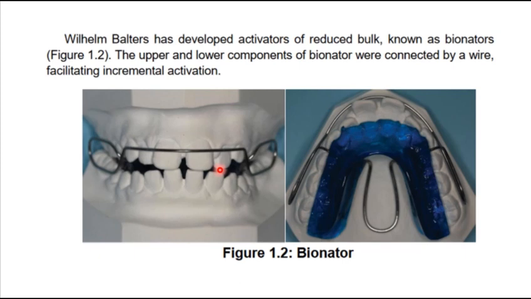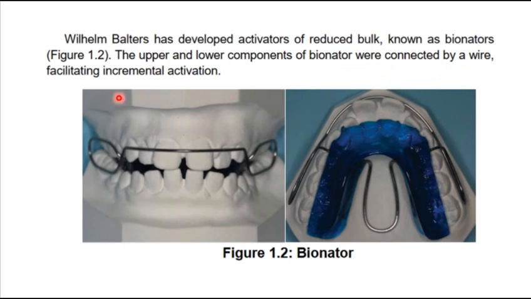Seeing the shortcomings of the activator, Wilhelm Balters developed an activator-type block which had less bulk. If you can see, the majority of the chunk of acrylic is removed. These appliances were known as bionators.